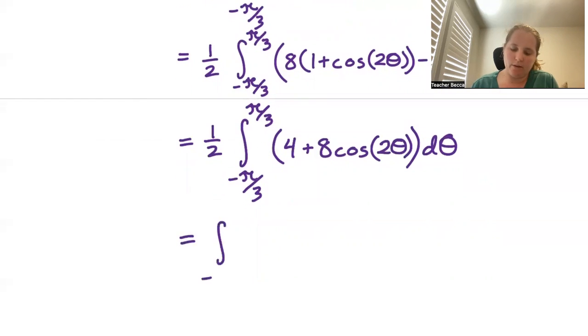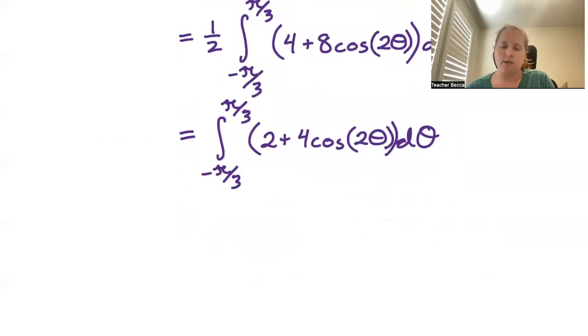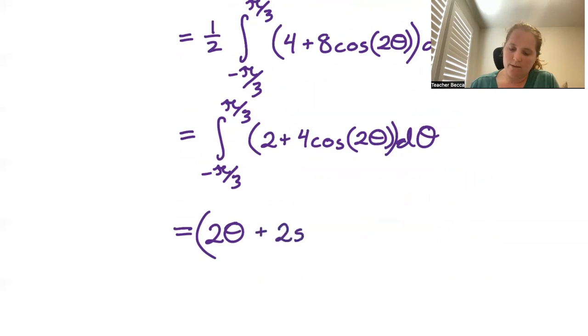We are looking at the definite integral from negative pi over 3 to pi over 3 of 2 plus 4 cosine 2 theta d theta. If we do our integration here, that 2, of course, just goes to 2 theta. 4 cosine 2 theta goes to a 2 sine of 2 theta. We are evaluating from negative pi over 3 to pi over 3.